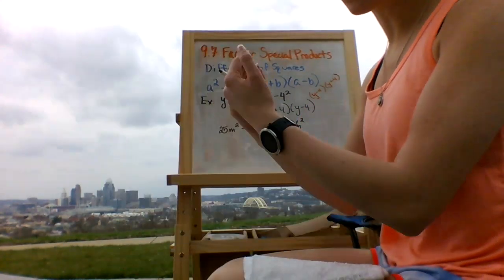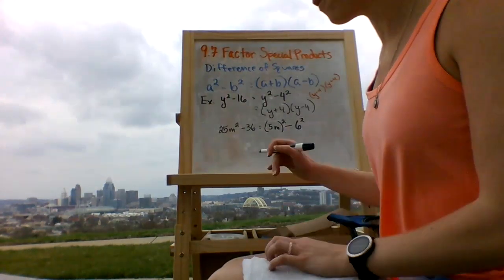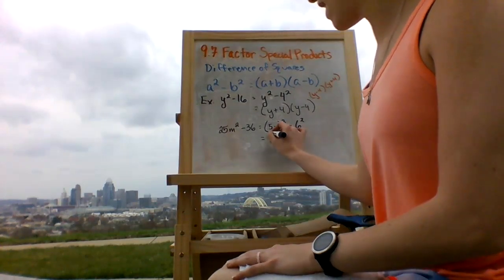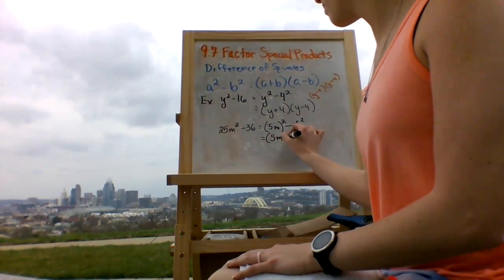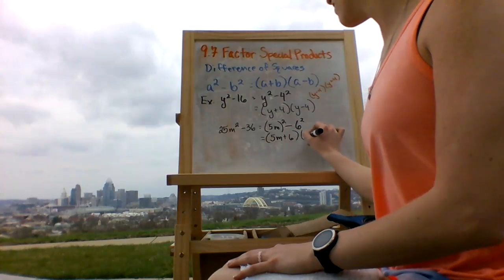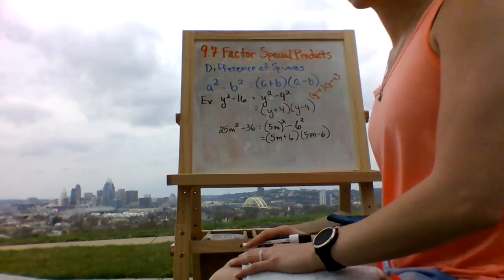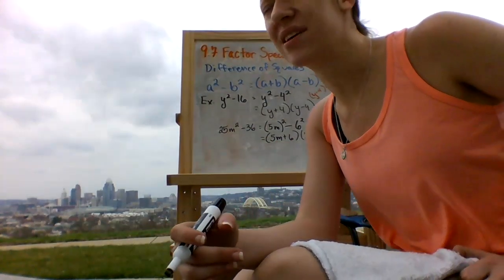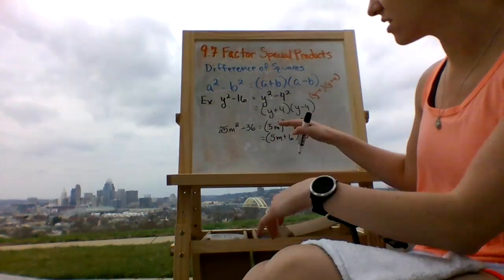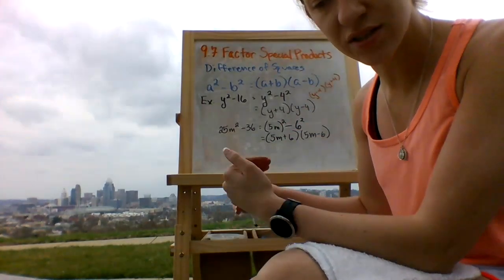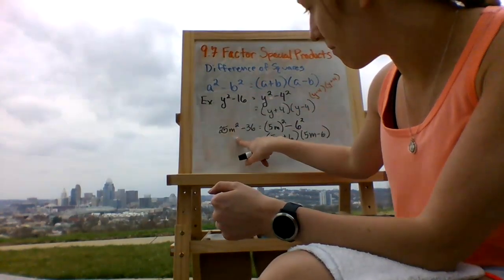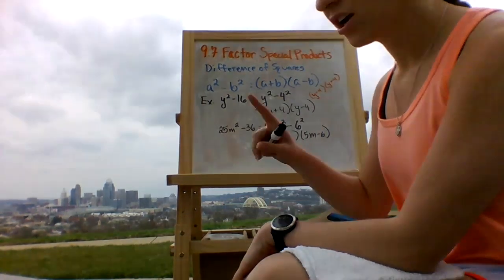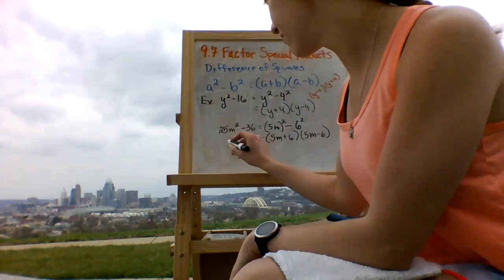Then I can rewrite it in its unfoiled form with me factoring it. It's going to be 5m plus 6 times 5m minus 6. And if you feel like double checking because it just doesn't look right for some odd reason, you can always foil and distribute, and you should get back to your original expression.